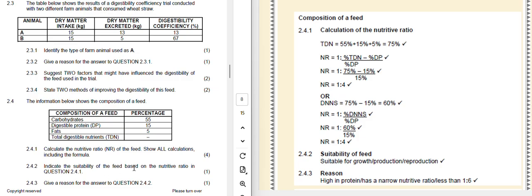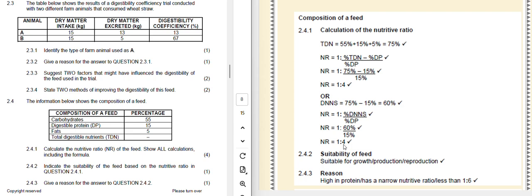Because we can see already it has a scale. It has a nutritive ratio of 1 is to 4, which is the scale of narrow. So it is a narrow nutritive ratio, when we scale it.